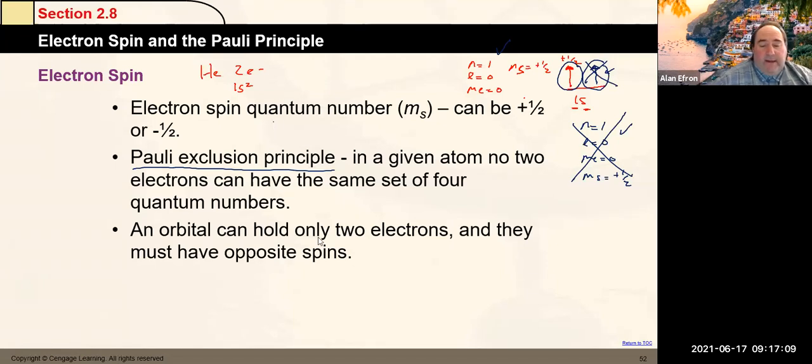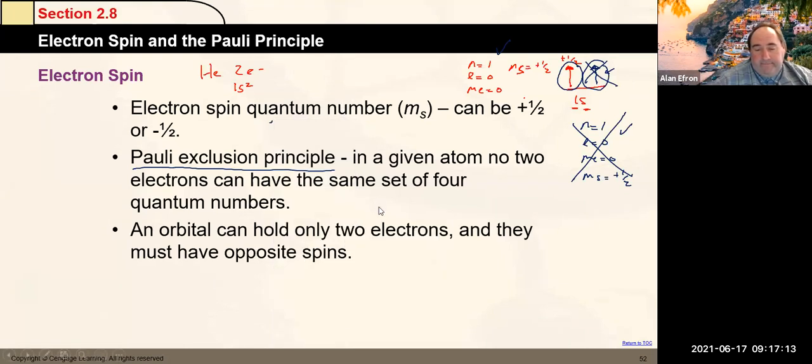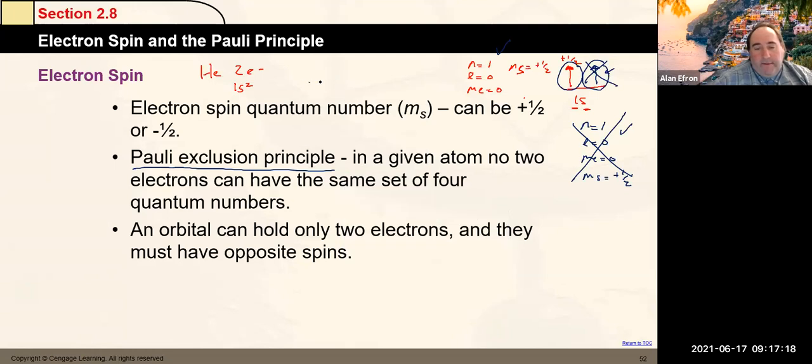So we cannot put the electron in the same orientation. So how do we get around that? Well, we get around that by putting our electrons in opposite directions. This first electron will still have these 4 quantum numbers.